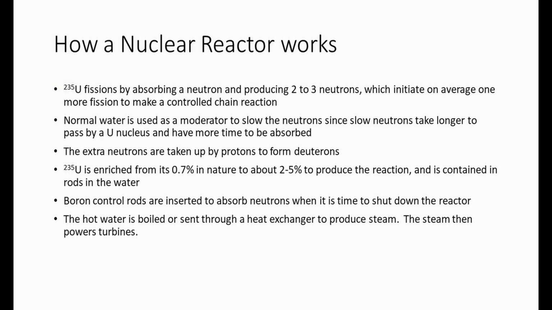Why slow them? As we discussed last time, fast neutrons don't interact very well with the nucleus of uranium-235, so you need to slow them down, and water is a very good way of slowing down the neutrons. That's effectively what water does.